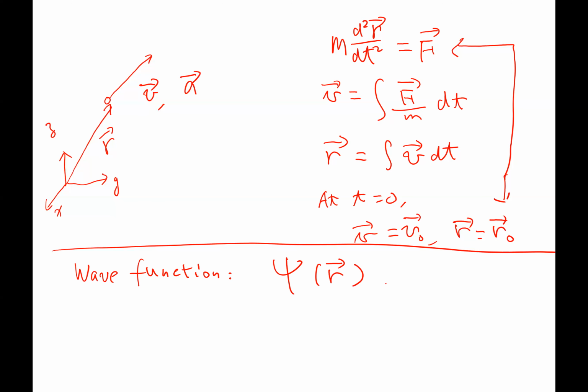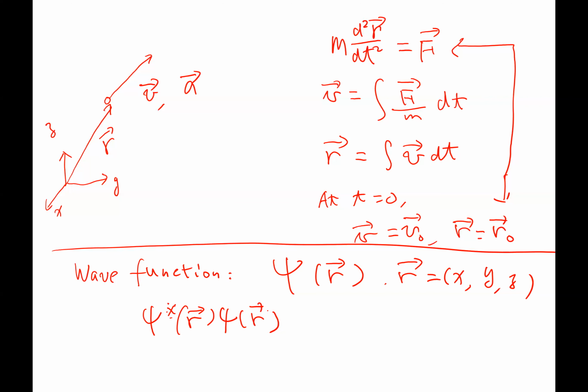Of course, in the three-dimensional case, r is a vector specified by the three coordinates x, y, z. The probability of finding this electron at position r is given by psi complex conjugate of r, multiplied by psi of r.